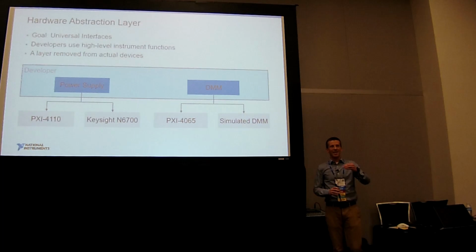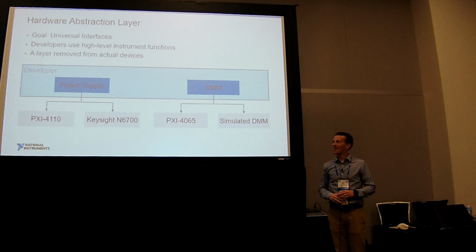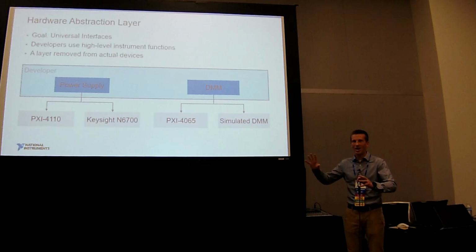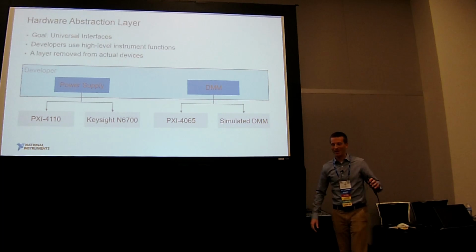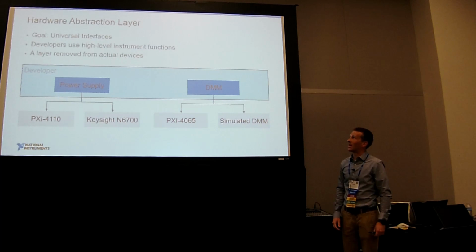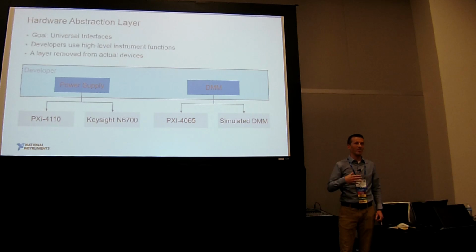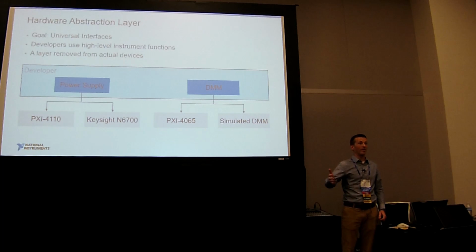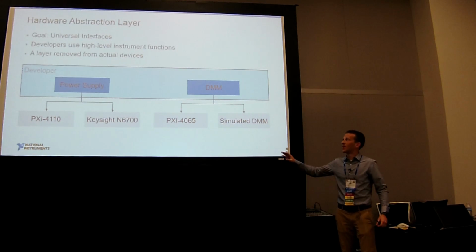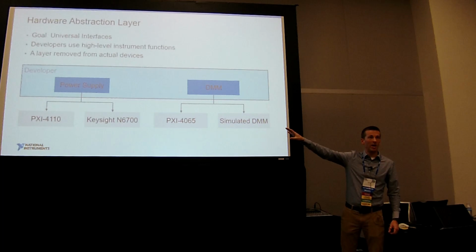All right, so taking that definition of abstract, where it's this thought, this interface, is how we're going to think of it. When we start applying it to hardware, really the goal as developers is to have some kind of universal interface to talk to. So I'm in developer mode, in this blue box here.